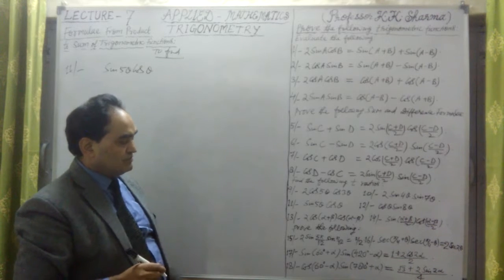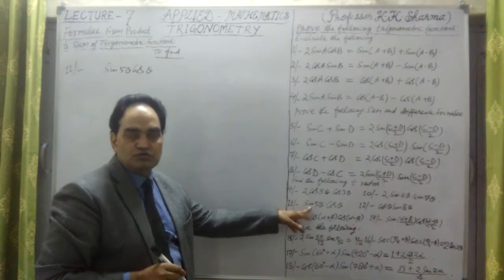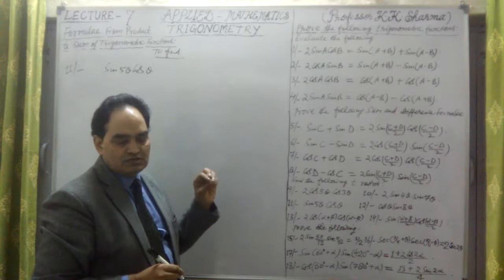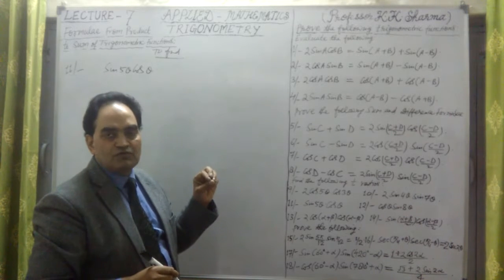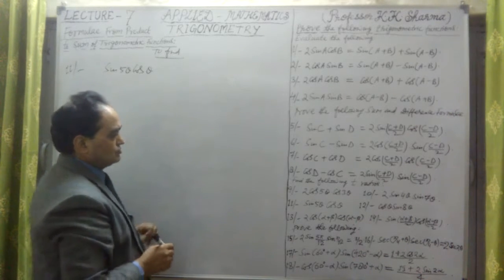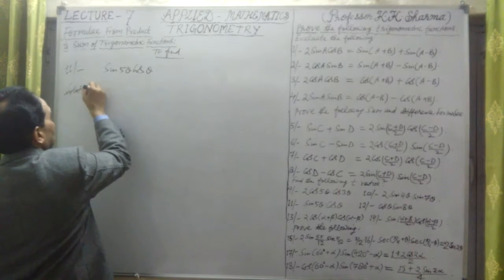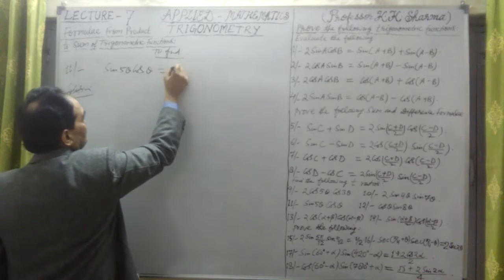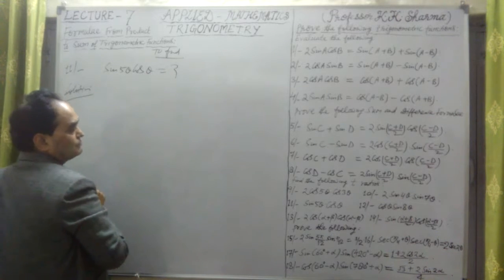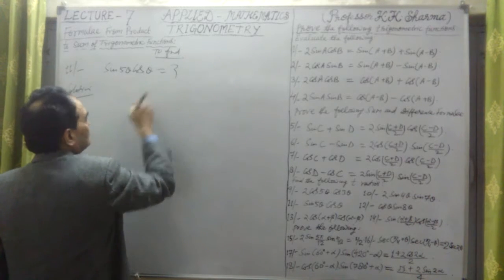What we have to do is multiply this by 2 and divide by 2, because 2 sin A cos B is what we have in the formula. To find the value of this, just find the value.